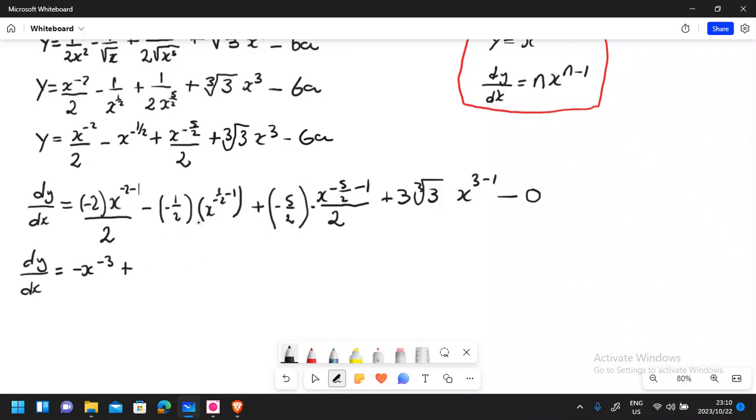But then at the top here, what do we have? We have half minus half minus 1. This is going to give us minus 1.5, which is going to be 3/2.